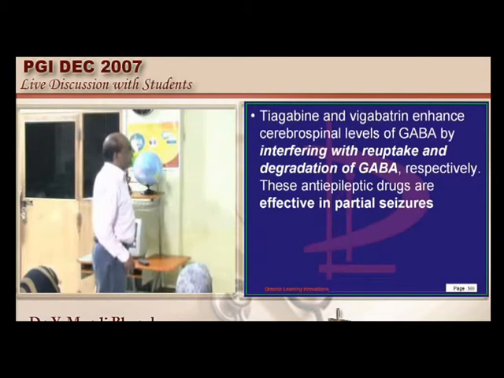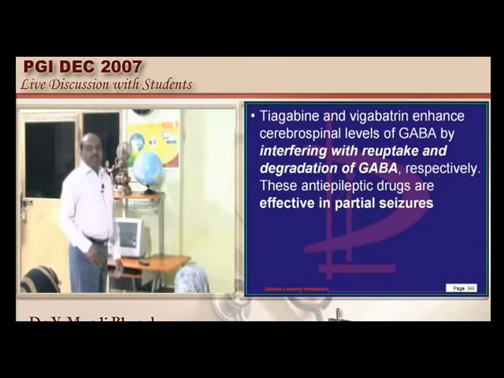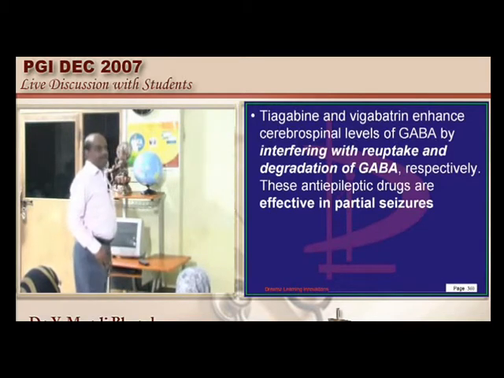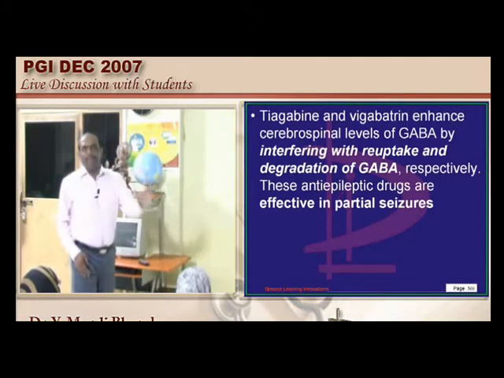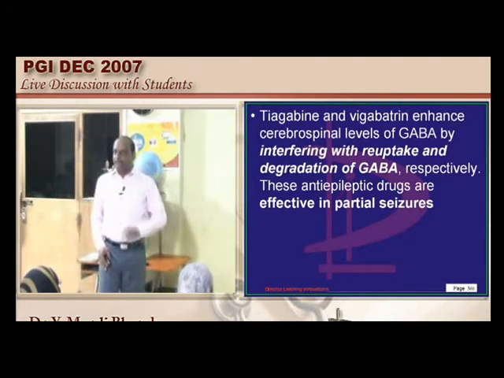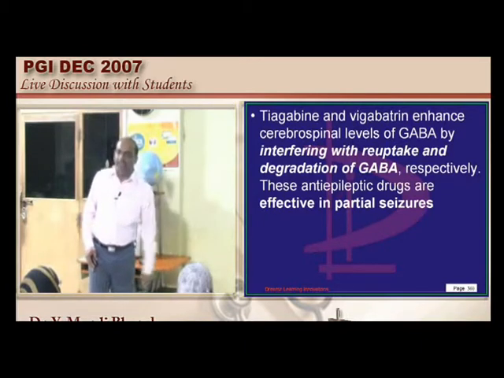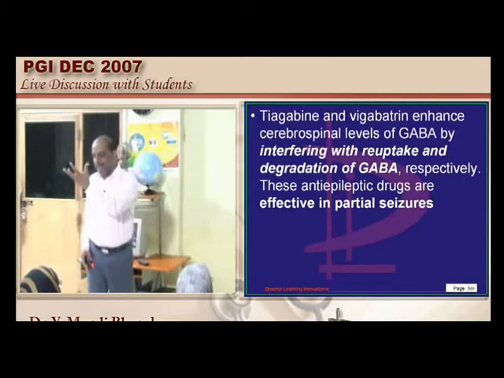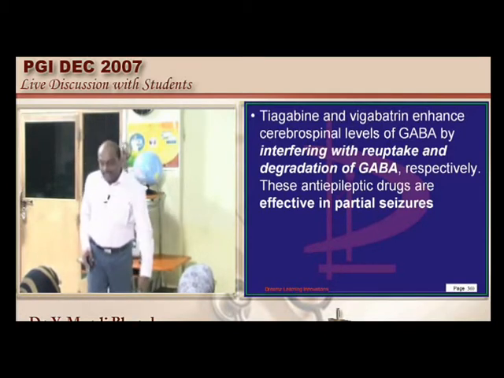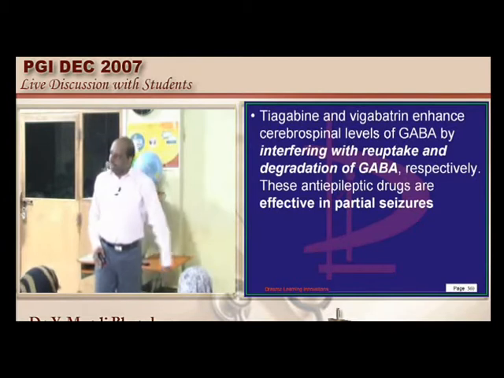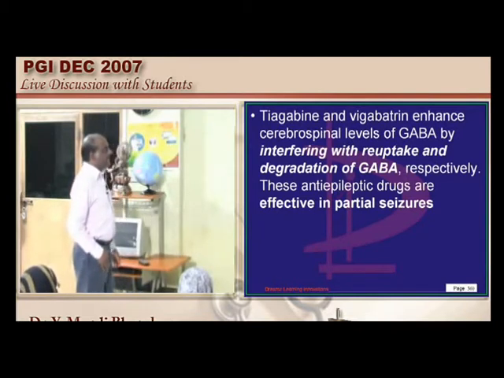Then comes tiagabine and vigabatrin. They increase the levels of the GABA by a simple mechanism. Typically they will either prevent the reuptake of GABA, so that GABA is not reuptaken and its level will increase, or they prevent the degradation of the GABA. So that is what the examiner is specifically testing.